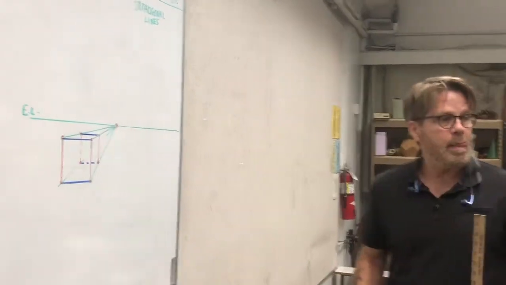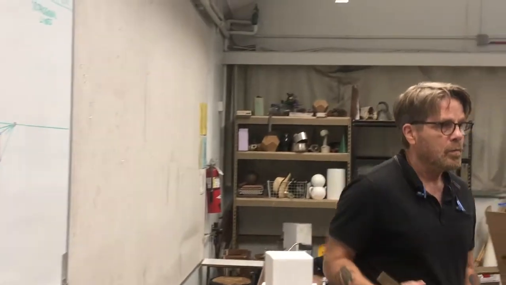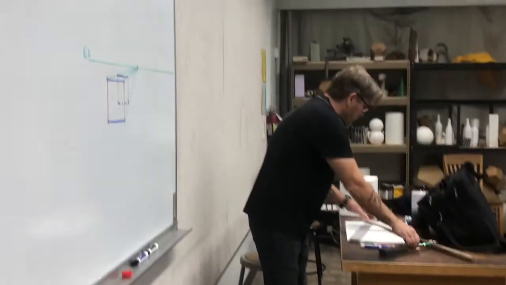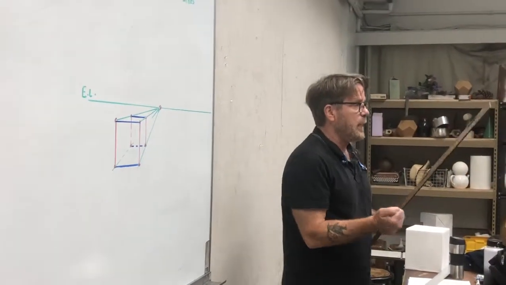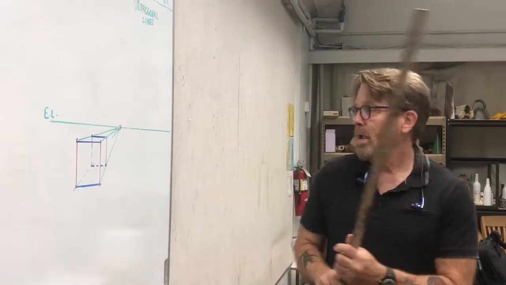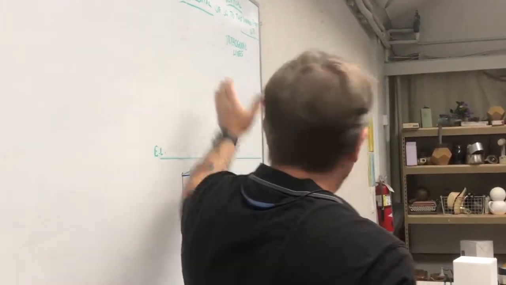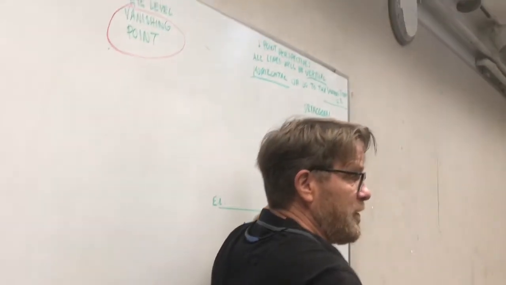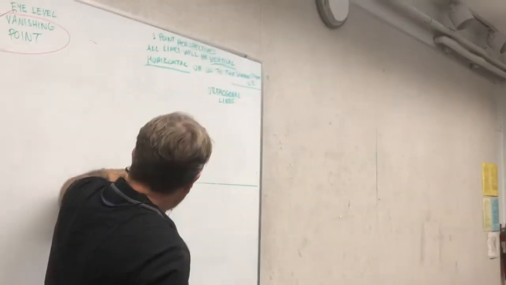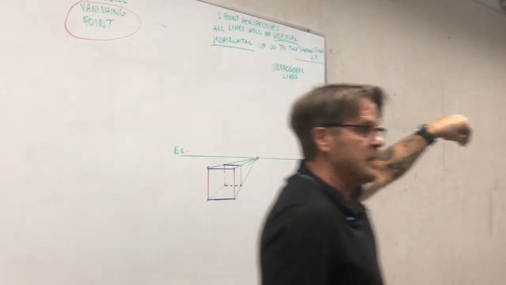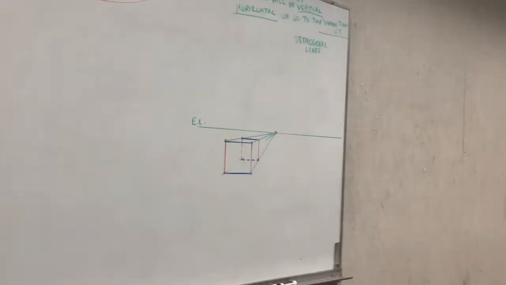So what happens above eye level? I'm going to start the same way. I'll make it up here. I could make it directly above this one, which is kind of fun. You can make a box using these same 4 red lines, and go up and make a box directly above it. But I'll just put it wherever.